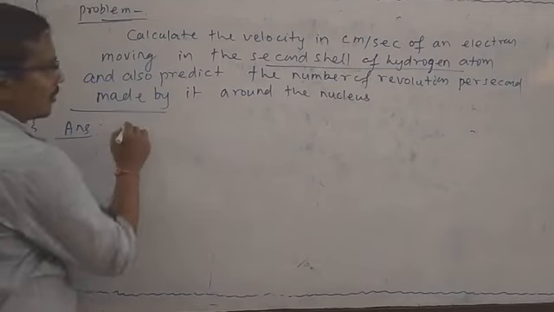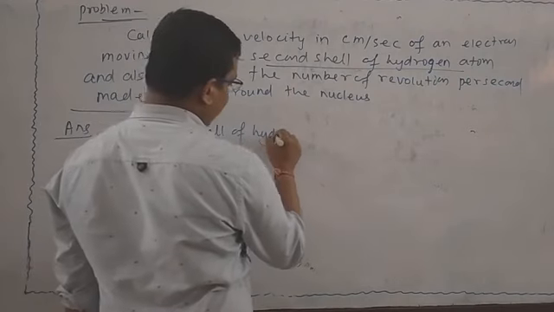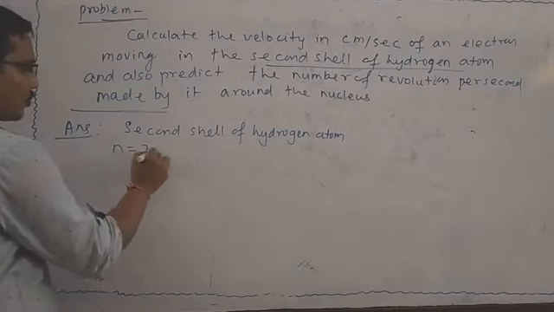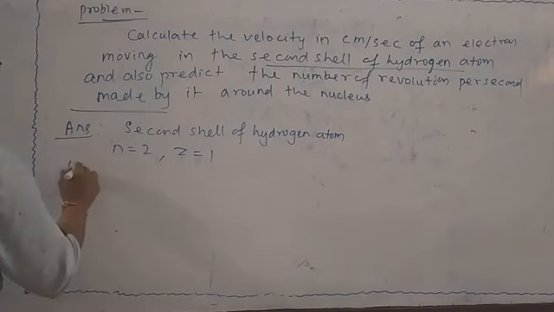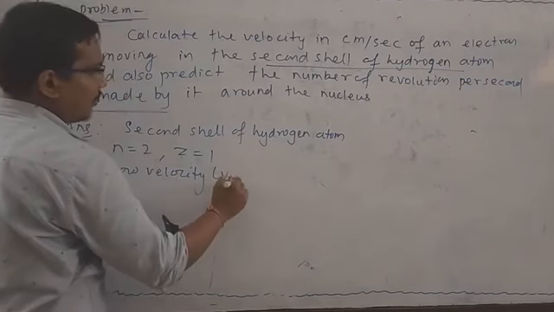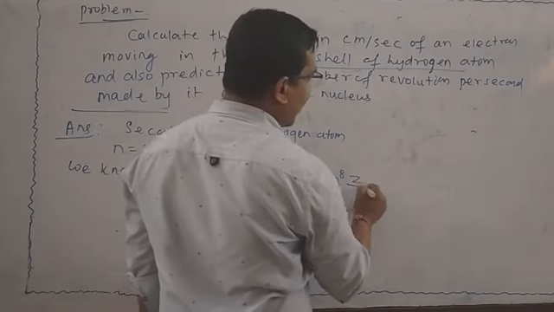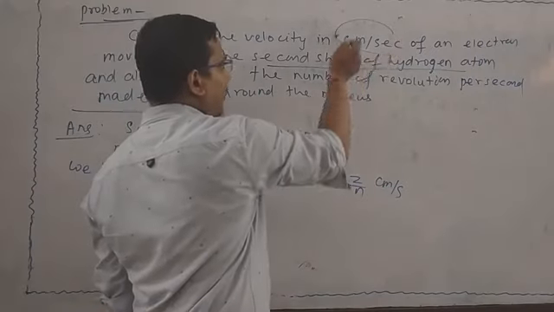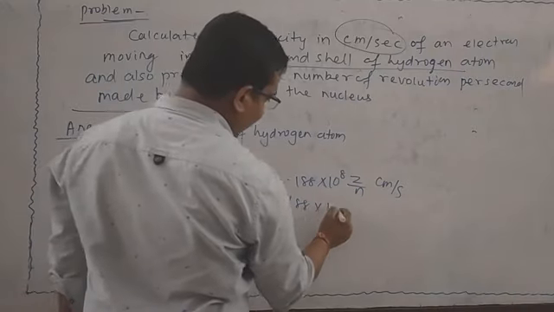Answer: second shell of hydrogen atom. Here N is your how much? 2. Z is your how much? 1. We know that velocity, what is the formula of velocity? Vn is equal to how much? 2.188 into 10 to the power 8 Z by N centimeter per second. The answer must be in centimeter per second. There is no problem. 2.188 into 10 to the power 8.